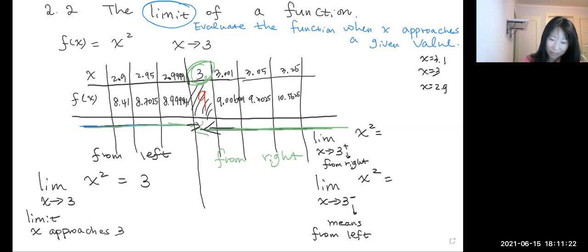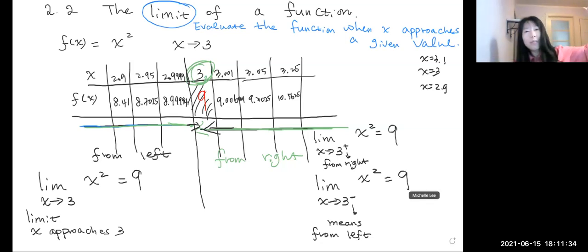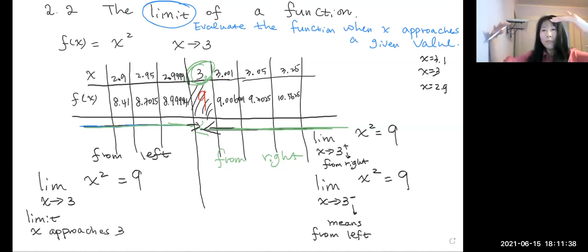Okay, so the plus and the minus tell you what direction it's coming from. That's correct. So this is 9. From the left, it's 9. From the right, it's 9. They matched. They agreed together, right?